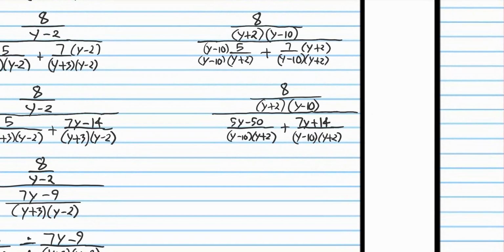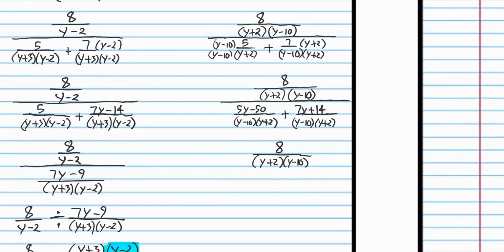So now we have a common denominator, and we can add the fractions in the overall denominator. So 5y plus, well, let's go ahead and rewrite this top fraction first. 5y plus 7y is 12y.